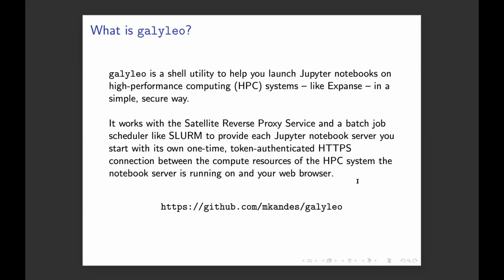It's installed centrally on Expanse, as I'll show you. I'll do some quick demos in a minute or two. You don't need to download or install it. You just need to put the path to Galileo in your shell, and you can start running the Galileo command to start your notebook sessions.